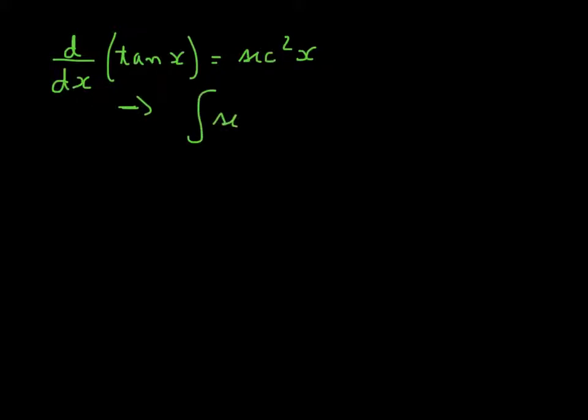And the third formula of integration is paired with the following formula for differentiation: the derivative with respect to x of tangent x equals, remember, sec square x. Therefore, integral sec square x dx equals tangent x plus c.